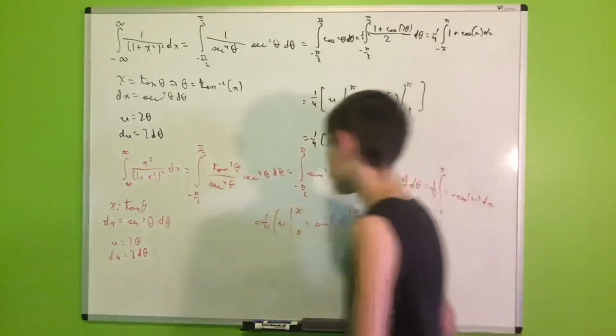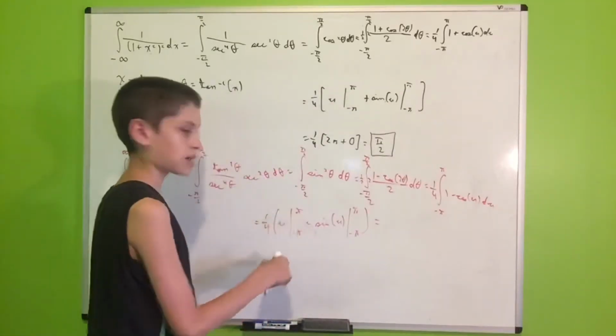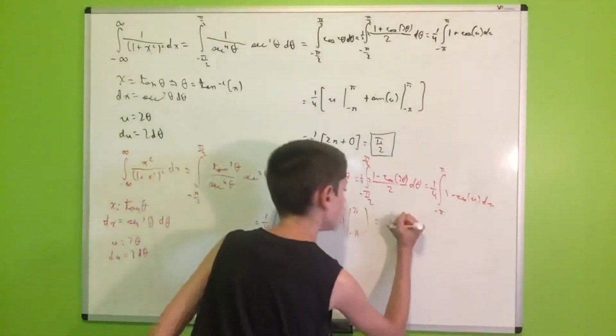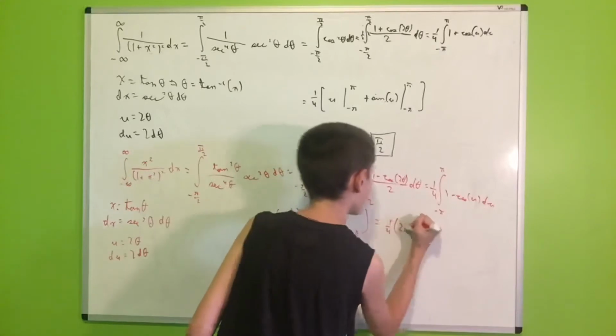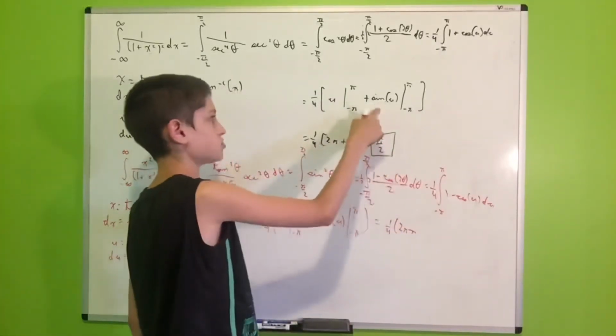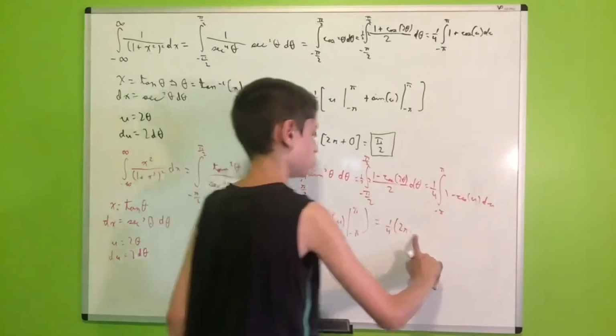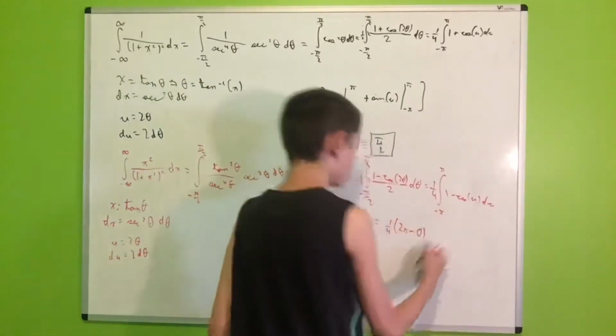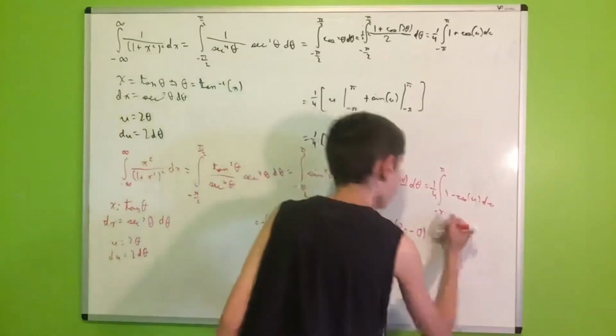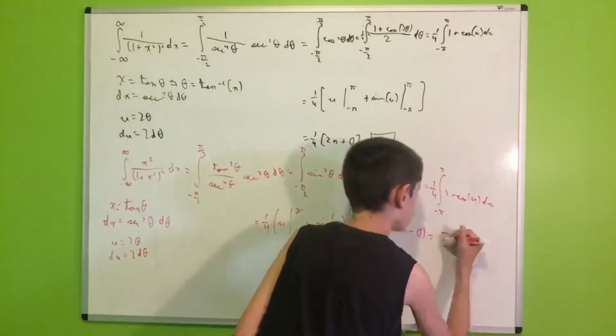But then, as before, pi minus negative pi is 2 pi, so 1/4 times 2 pi minus, and this term is the same as before, which is 0, so this is 2 pi minus 0. 2 pi minus 0 is simply 2 pi. 2 pi over 4 is also pi over 2.